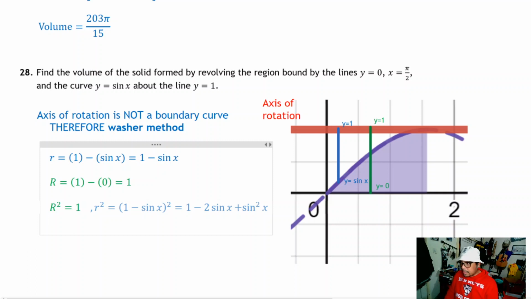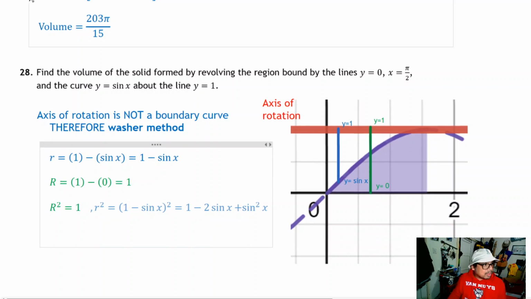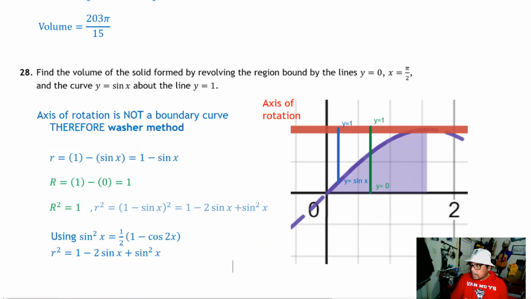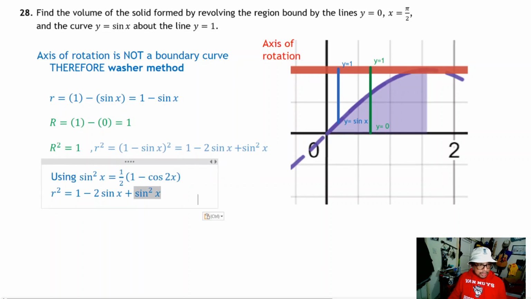We are going to need to integrate, so this is actually a more difficult thing than we were led to believe. So we're going to substitute that sine squared x with our power reducing formula. Using this formula where sine squared x is equal to 1/2 times 1 plus cosine of 2x, we're going to replace sine squared x with that.